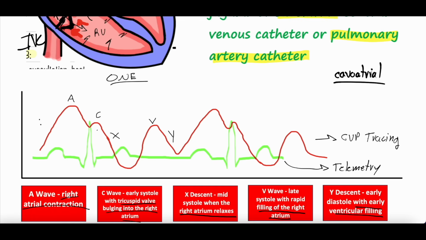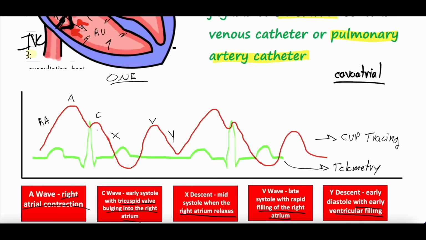The A wave is when the right atrium starts to contract, and it increases pressure right at that cavoatrial junction. Now, the atrium's done contracting. It starts to relax, so the pressure goes down. As it's relaxing, the right ventricle contracts, and it bulges the tricuspid valve into the right atrium, causing the C wave. Once that's done, the X descent is just the rest of the right atrium relaxing.